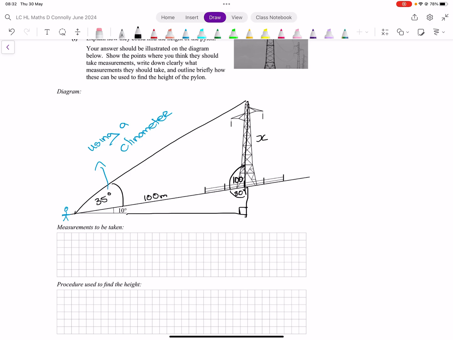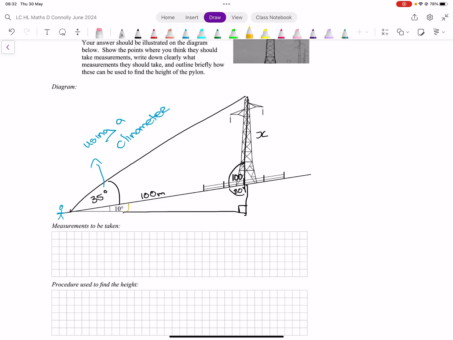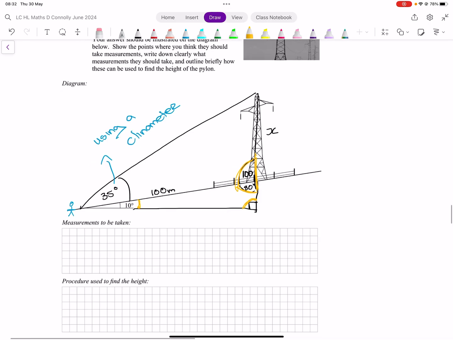Yeah? And over here on the side, if this angle is 10 and this is 90, this has to be 80. If this is on a straight line, this has to be 100. And from there, you have enough data, I think, don't you? So we can figure this out. Sorry, I'm just making sure I actually have enough information.